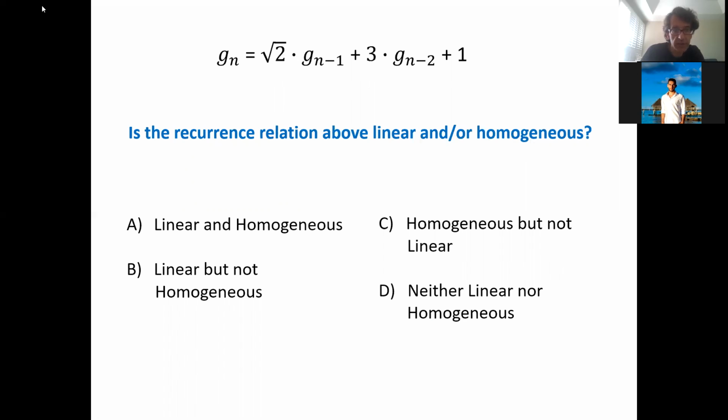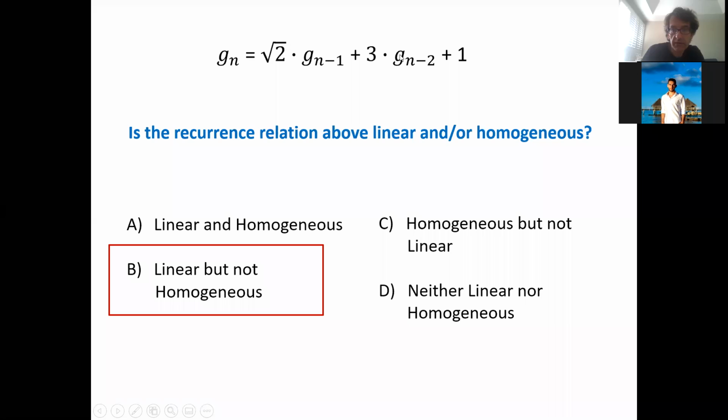So it is linear, but not homogeneous, right? It's linear because these are constants multiplied by these terms, so as a function of previous terms, it's a linear function. But it is non-homogeneous because it has this free term at the end.